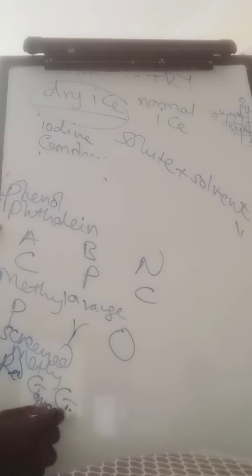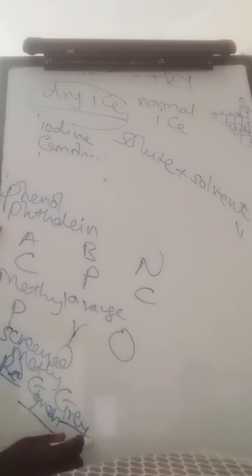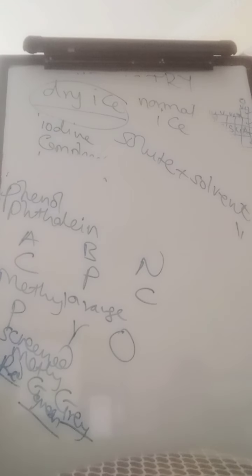That means the screened methyl orange is actually red in an acid, green in a base, then gray in a neutral solution. Methyl orange: pink, yellow, orange. Red, yellow, orange. You can either say pink or red.